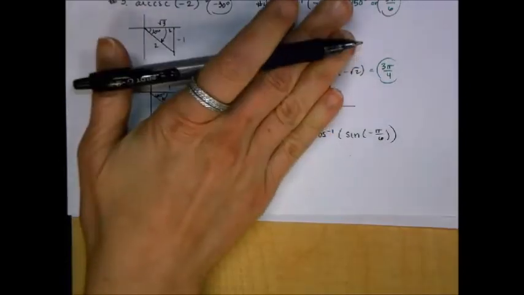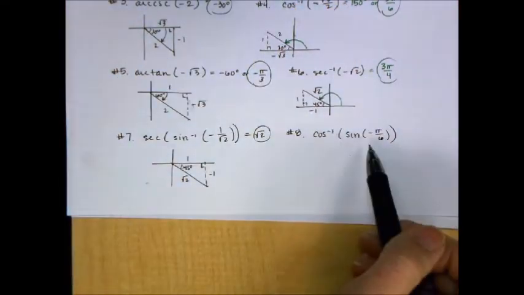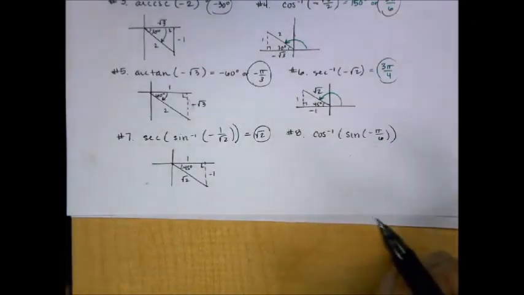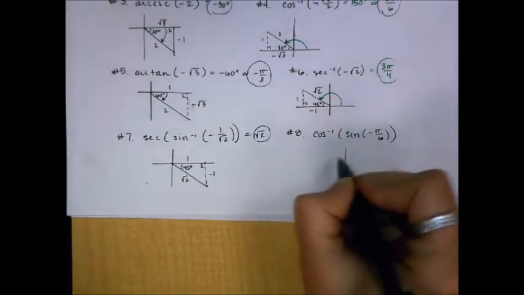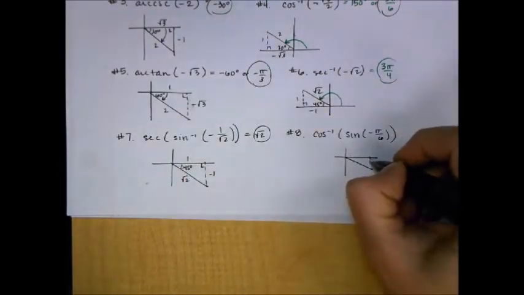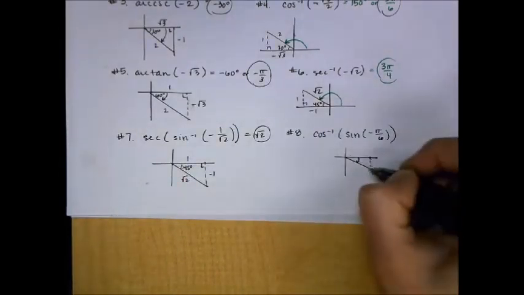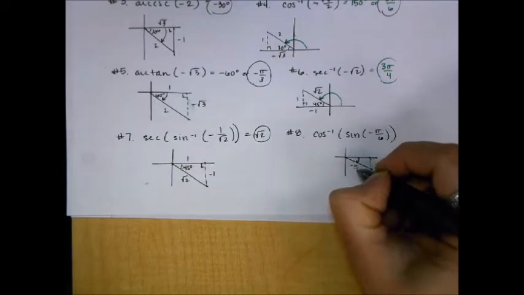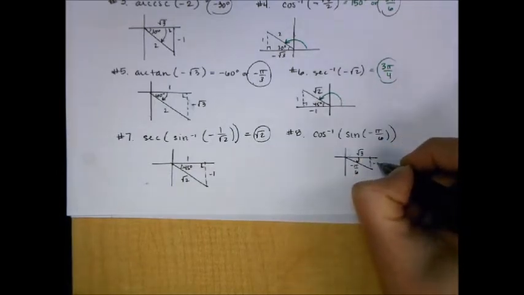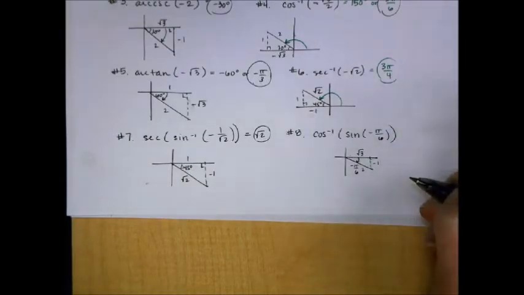We're just evaluating sine of -π/6. If you want to draw it, we can draw it out. This is -π/6, -30 degrees. So this is root 3, -1, and a hypotenuse of 2. So sine of this angle is -1 over 2.